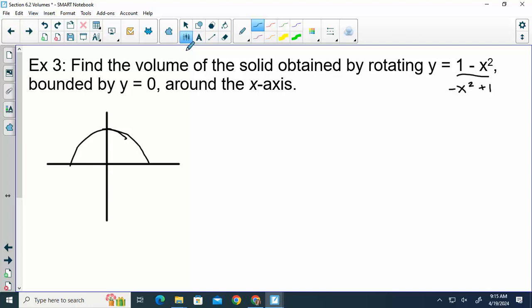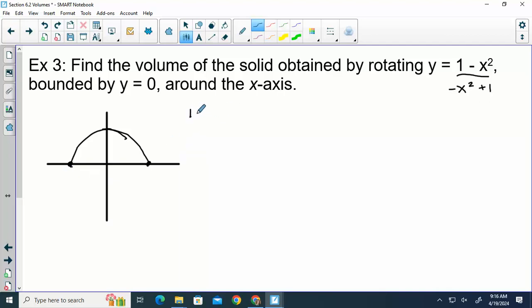Now, we need to find where we're going to start and stop here. We have to start here and go to here. If x is our variable, we're moving along the x-axis, so we need our left and our right points here. How would I find those points?